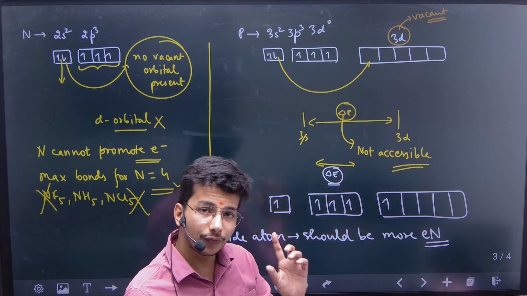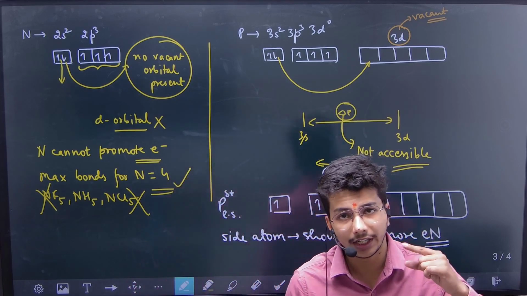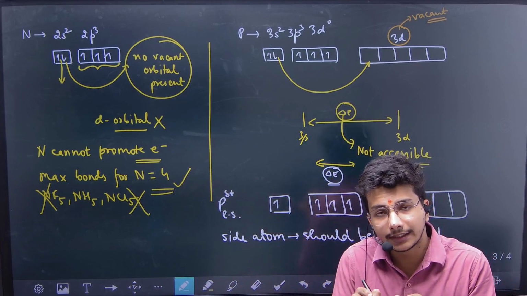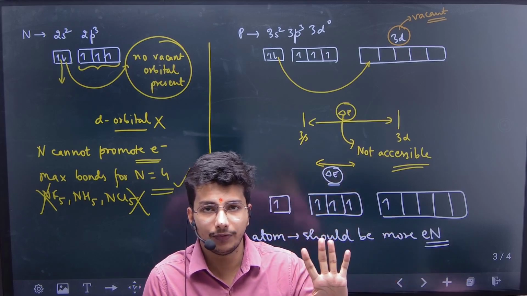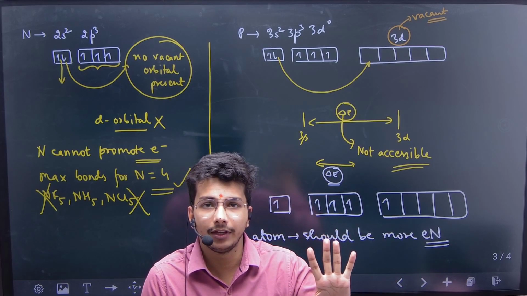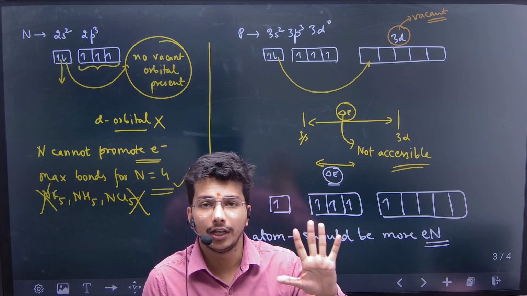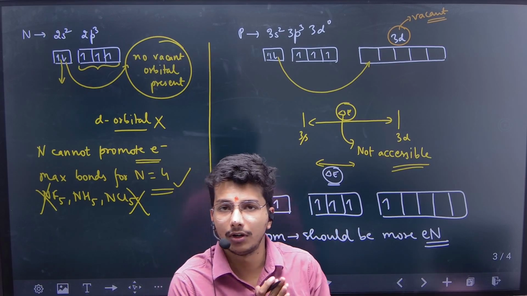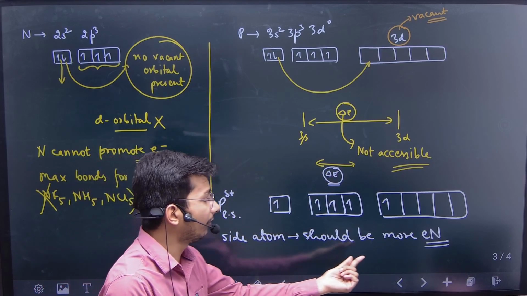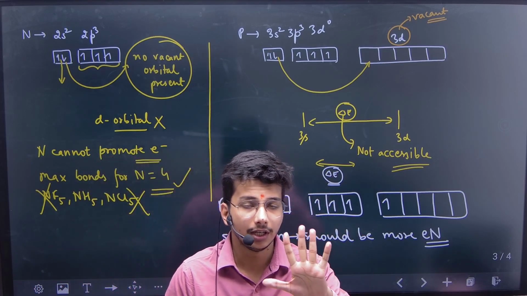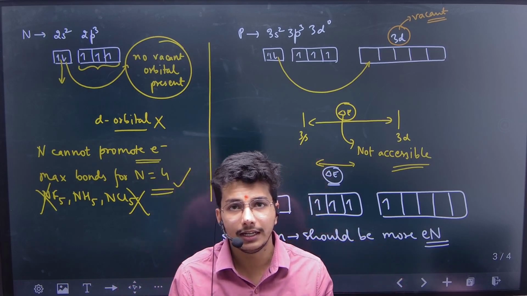If the side atom is more electronegative, charge contraction will take place, the energy gap will become accessible, and promotion of electron is possible, and 5 orbitals will have unpaired electrons in order to form bonds. So phosphorus can form 5 bonds only if the side atoms are electronegative.